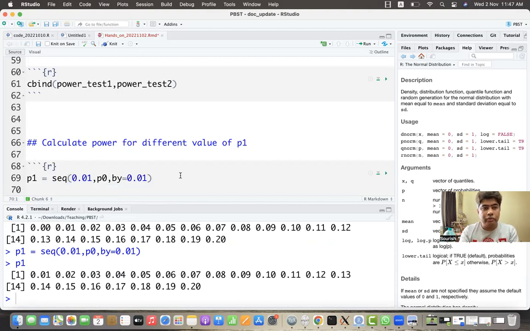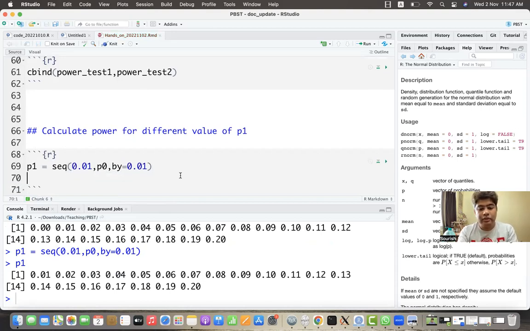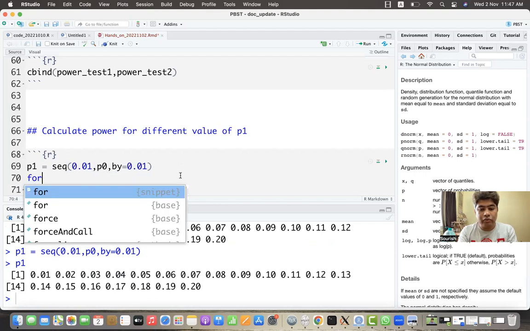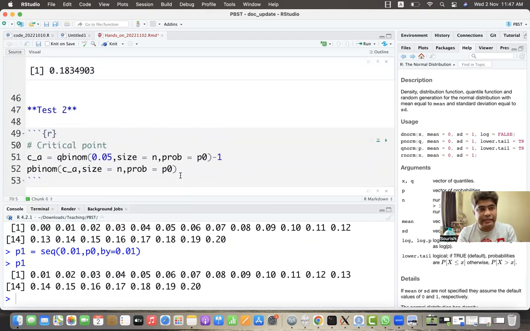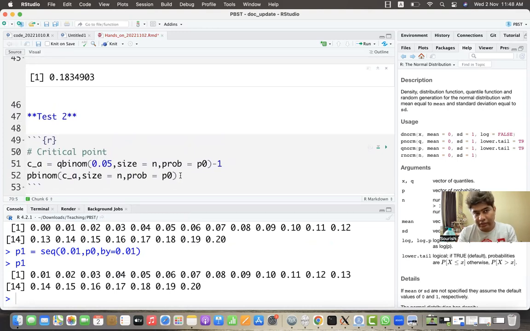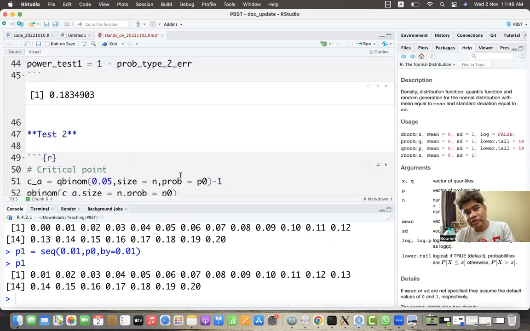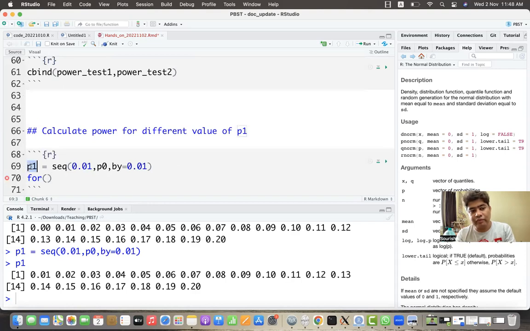So what we can do is write, say, a for loop and run these tests, calculating the power for each of these possible values of P1.